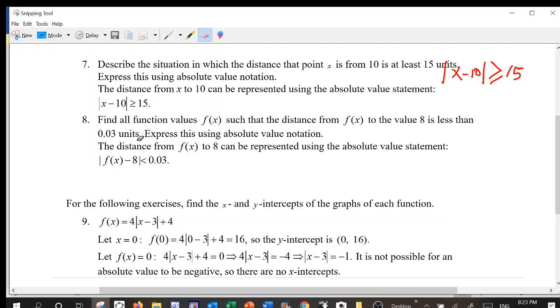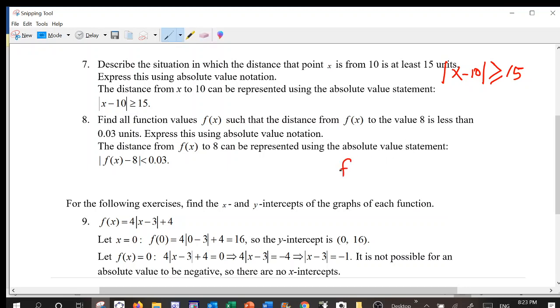Number 8, find all function values f of x such that the distance from f of x to the value 8 is less than 0.03. Now, we want the distance not from x to 8, but from f of x to 8.